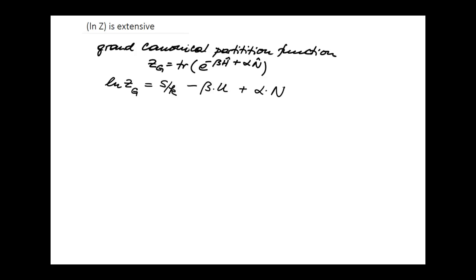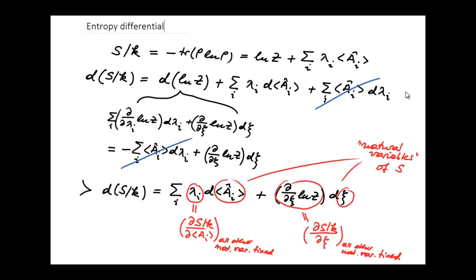I can also just quickly show you, just to remind you, the general framework. Here it is. We had in the first line a general formula for the entropy, relating it to the log of the partition function and the products of expectation values with associated Lagrange parameters. When you solve that for the log of the partition function, you find it's entropy minus the sum over i of Lagrange parameter lambda i times expectation value.